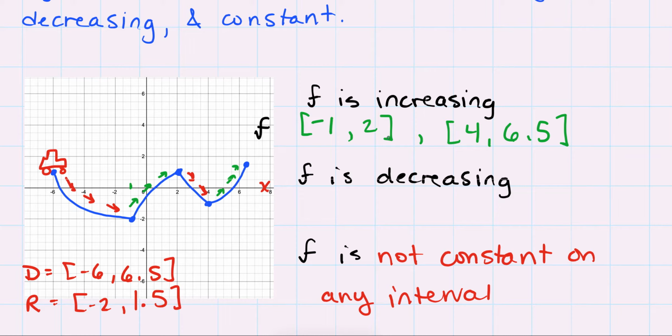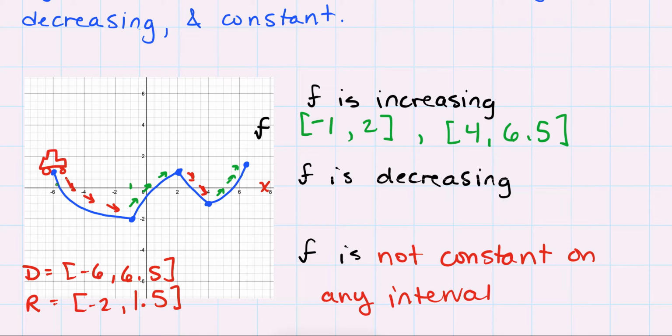So what this is saying is that for any number between -1 and 2, including -1 and 2, we are increasing. So you choose a number here in between -1 and 2, and one that's less than the other, and if you plug into the function, the f of x1 will be less than f of x2, just like the definition explains.